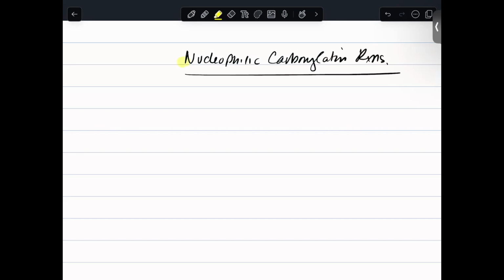And we talked about carbonylation reactions in the last video and how those were specific to the Stille, the Suzuki, the Negishi, the Kumada, the Sonogashira, etc., but not the Heck reaction. The nucleophilic carbonylation reactions are completely independent of all of those cross-coupling reactions. They're in a category of their own.